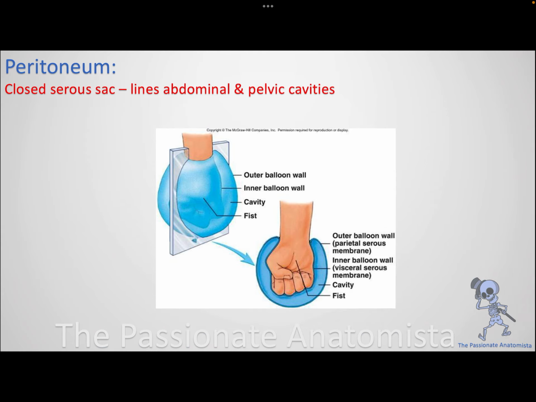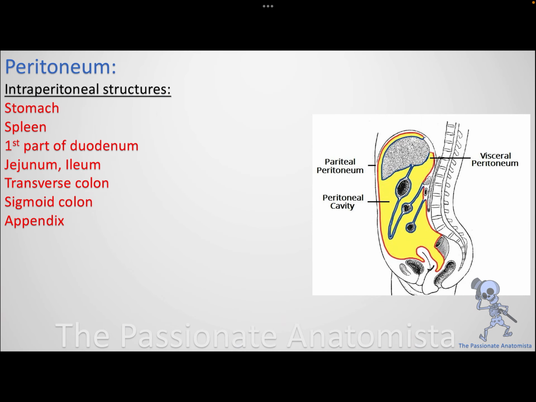All right, so the general idea of the peritoneum, as we just mentioned. Now think about these organs as they get into the closed serous sac. So again, the blue line is basically your visceral layer of peritoneum, and the red line is what lines the cavity.